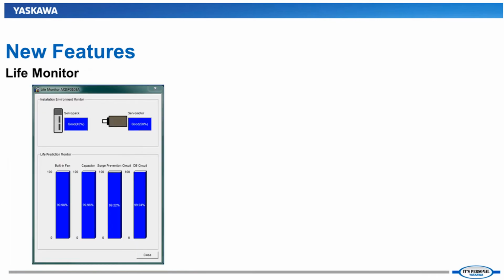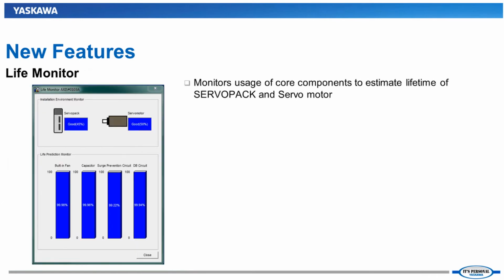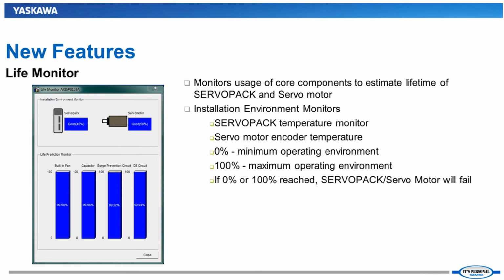Another new feature is the life monitor feature. It monitors the usage of core components to estimate the lifetime of the servo pack and of the servo motor. There's the installation environment monitors, so you've got the servo pack temperature monitor as well as the servo motor encoder temperature monitor.